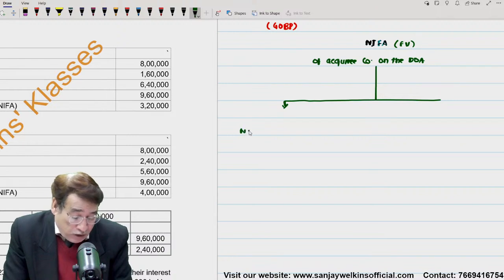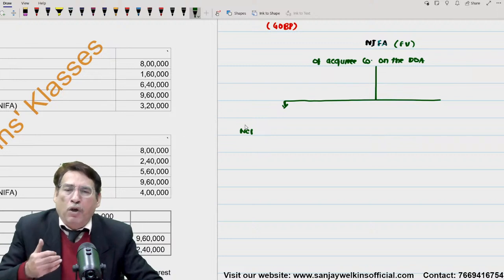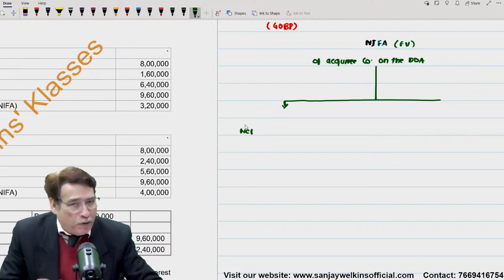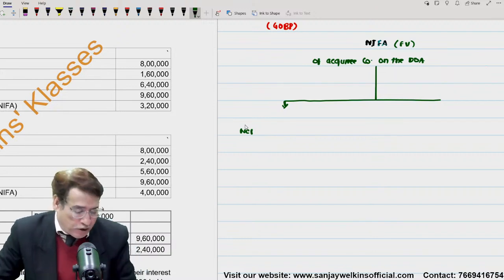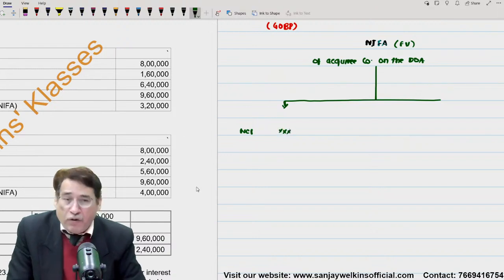You can find out the NCI as per the directions given in the question, or as per your own discretion, either through PSNA basis or through fair value basis, but generally the direction is given in the question. Anyway, whatever methodology you apply, you will compute the NCI value.